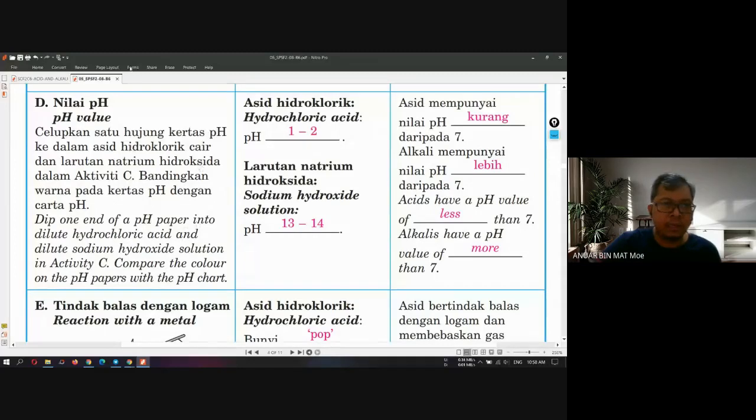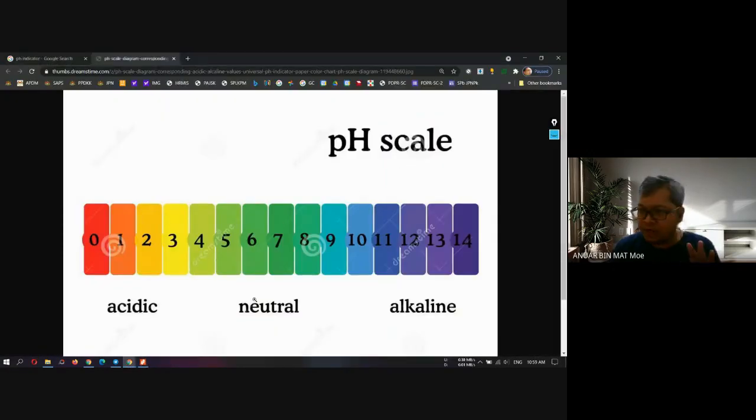pH paper will not only determine whether it is acidic or alkali, but also the strength or the value of the pH. This chart you must remember. How about the color? I think the color is just for your reference.